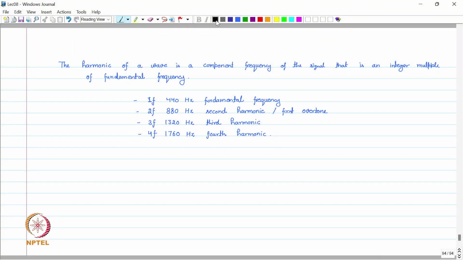Now there is one more term associated: the pitch of a sound. The pitch of a sound is determined by the frequency of the sound.